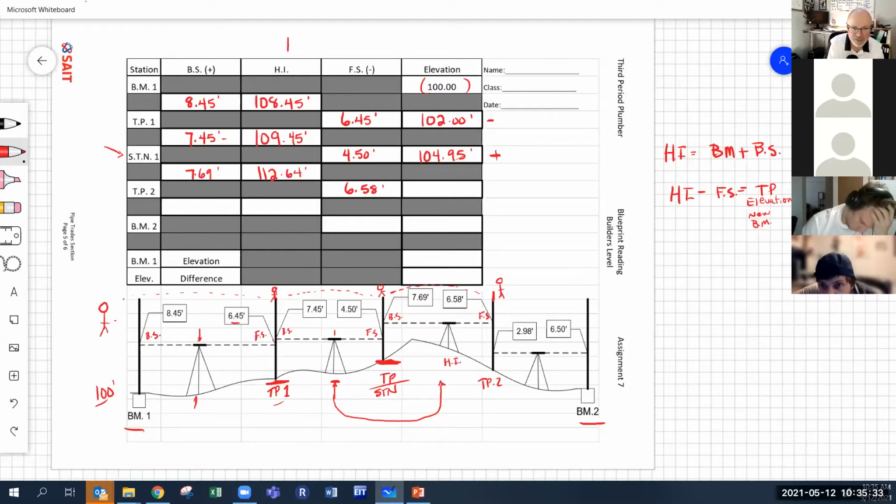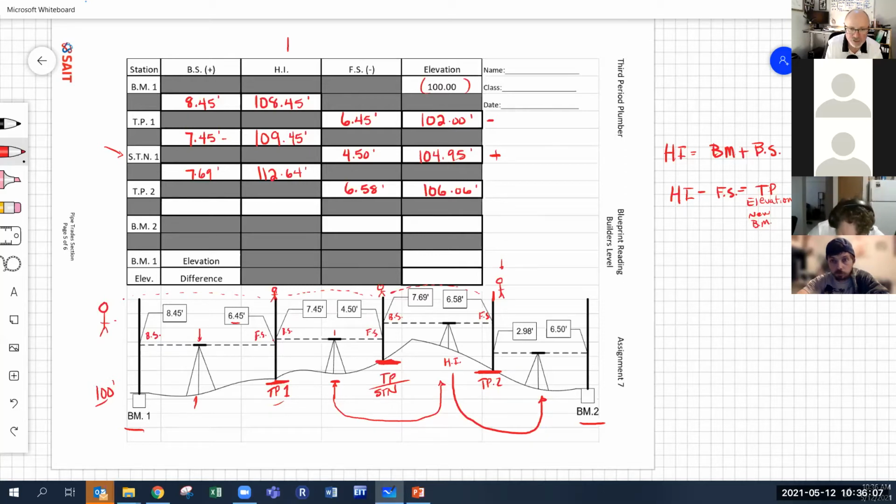And now to determine this elevation at turning point 2, we take the height of the instrument and minus off our foresight. And if my math is correct, it's 106.06 feet. Now I have this elevation. The rod guy stays there, and I move my instrument to a new location.